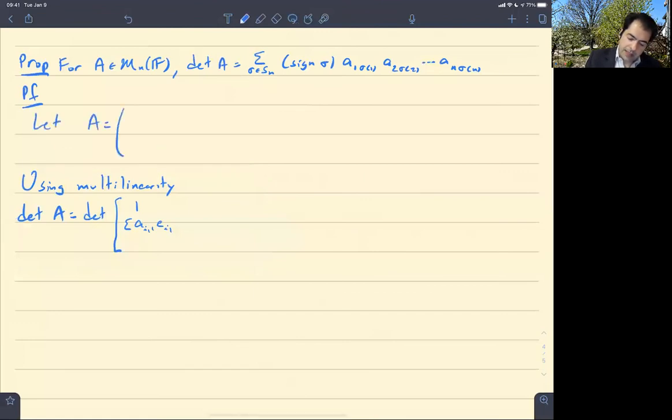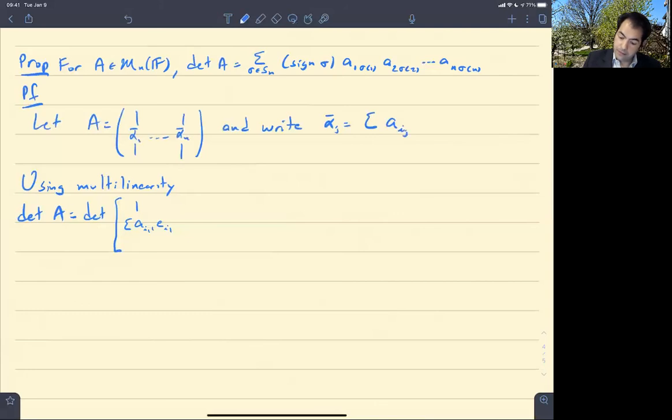So let's say that A has columns alpha 1 through alpha n. And let's write alpha j as the sum of A_{i_j j} E_{i_j}. Here the index i_j is going to go from 1 to n.